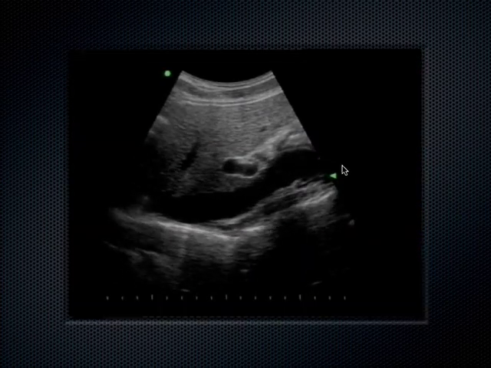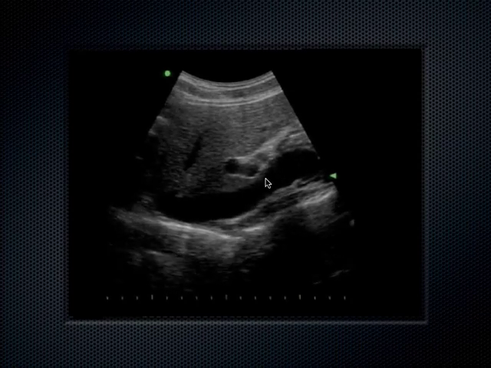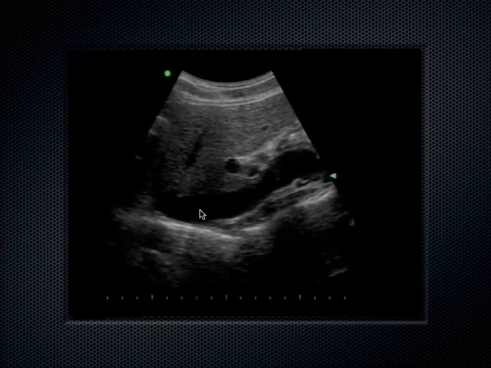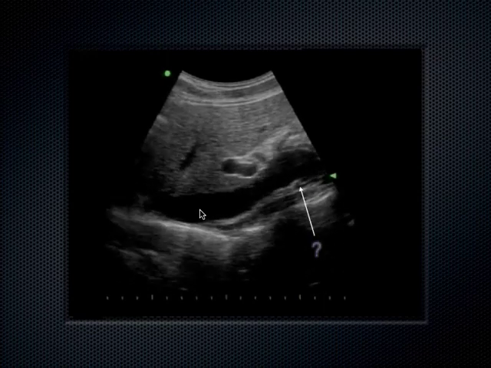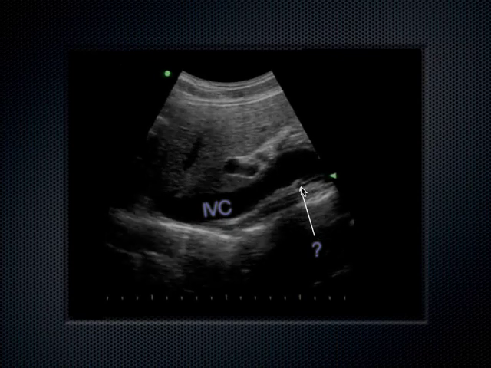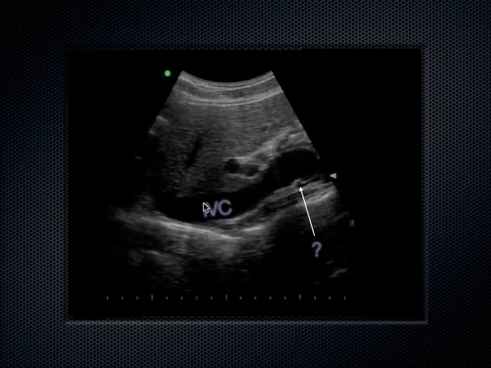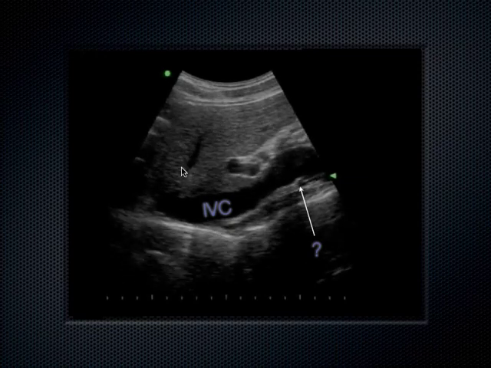Okay, so what blood vessel is this? IVC. So the reason I ask that is because I want you to try to figure out what this little vessel is right here. By the way, how do I know that's the IVC, not the aorta? Because I see all this liver here, okay?